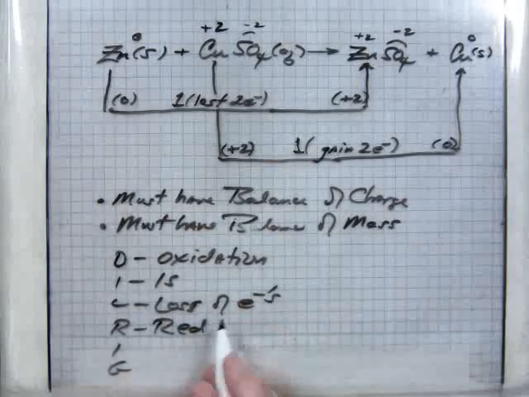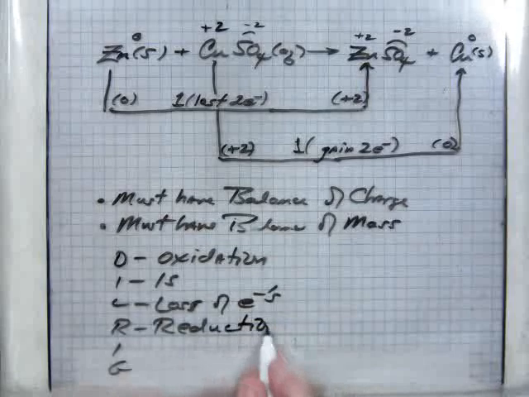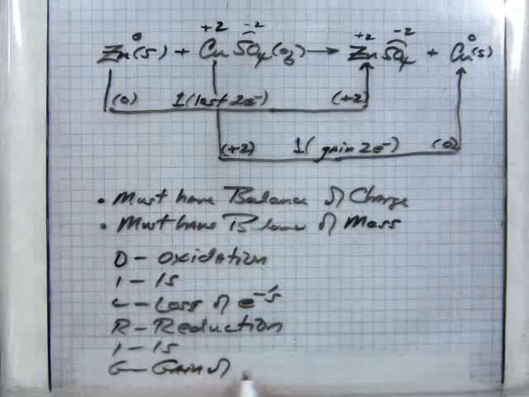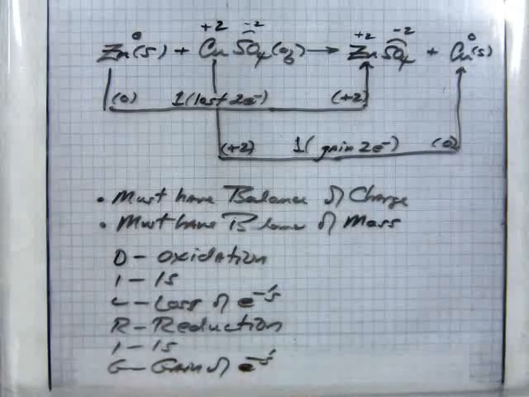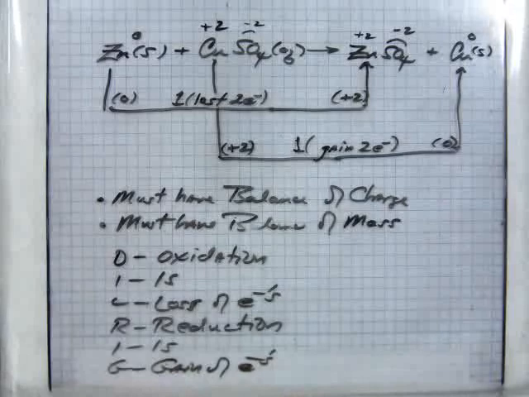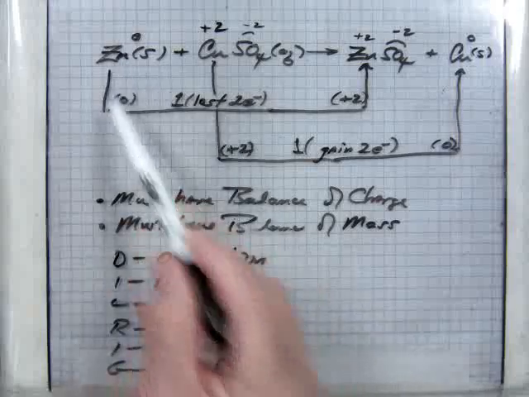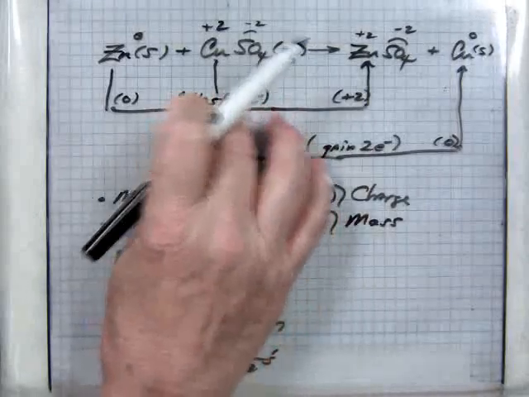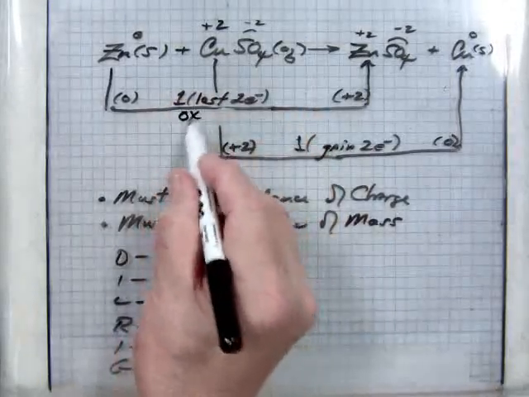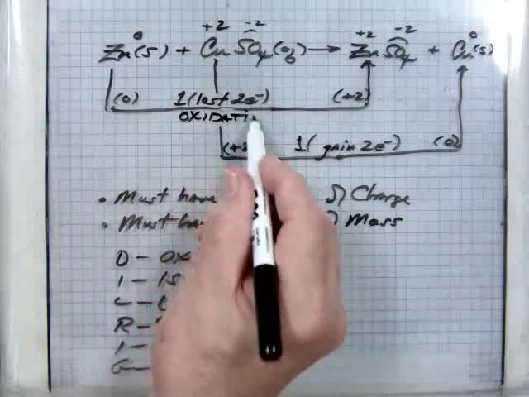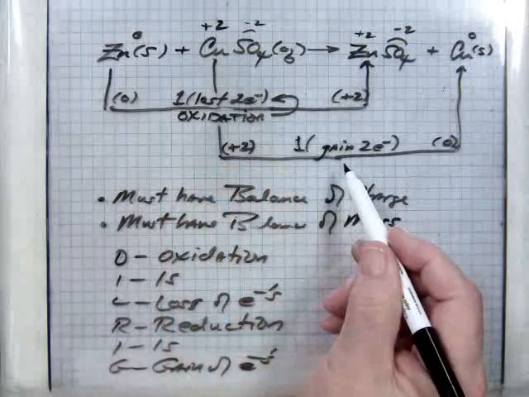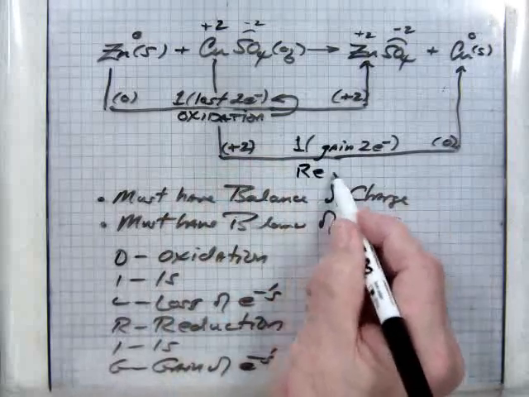Reduction is gain of electrons. OIL RIG. That couldn't be easier. So if this zinc lost 2 electrons, then that would be an oxidation process, whereas on the copper, it's a reduction process.